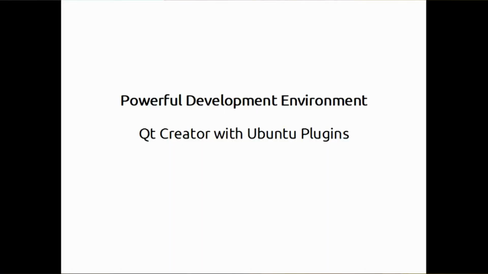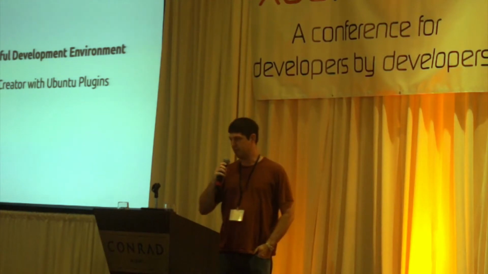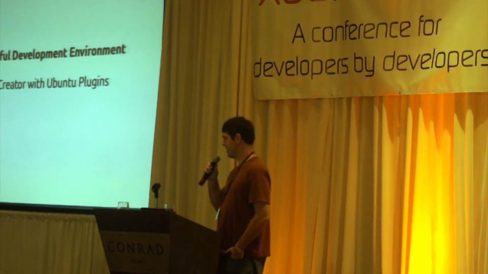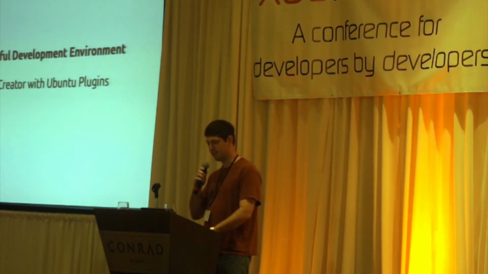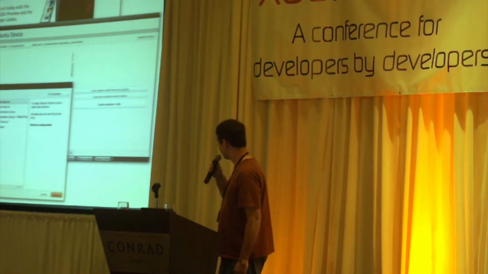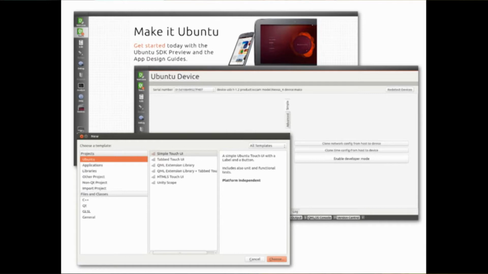For our development environment that we released in January, we chose to use Qt and Qt Creator, and we provided a series of plugins to go with it to make it work better with Ubuntu Touch devices. If you can see the screenshot here, we provide a series of templates for you to choose from.